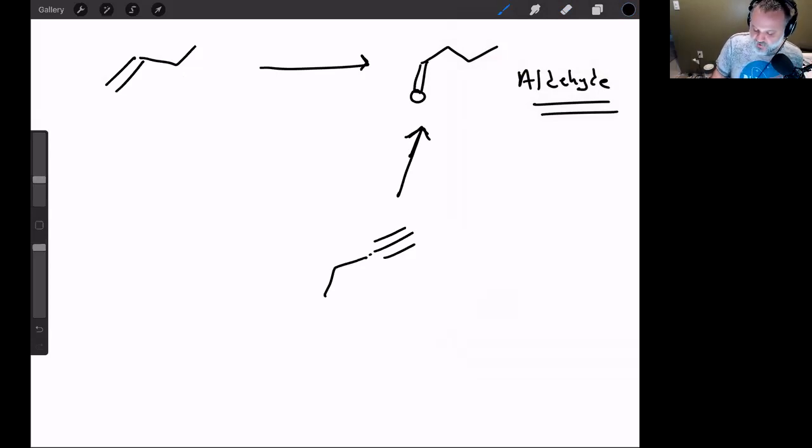I could do anti-Markovnikov, so that would involve R2BH, sodium hydroxide, and H2O2. Remember that there would be keto-enol tautomerization in this process, but the enol that would form anti-Markovnikov would then tautomerize into the aldehyde. So I know how to do that. So I'm okay with that. It's the same number of carbons. So let's think back this step.